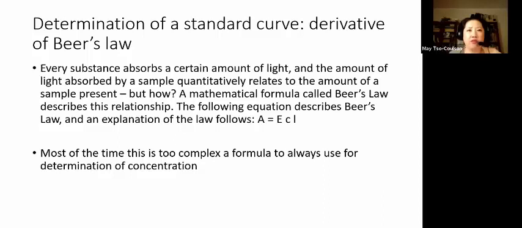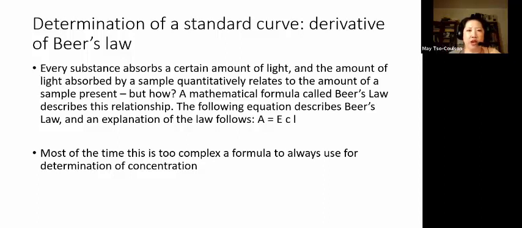Okay, this video is to explain how to determine a standard curve utilizing a mathematical formula called Beer's law. Most proteins follow a standard curve, which is established to determine unknown protein concentration utilizing a graph of known protein concentration.